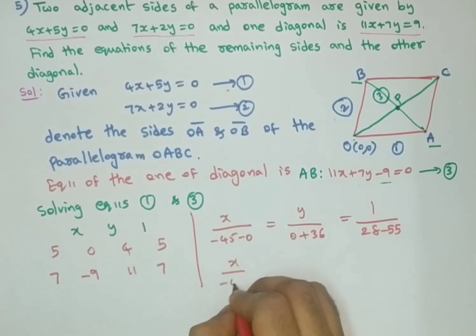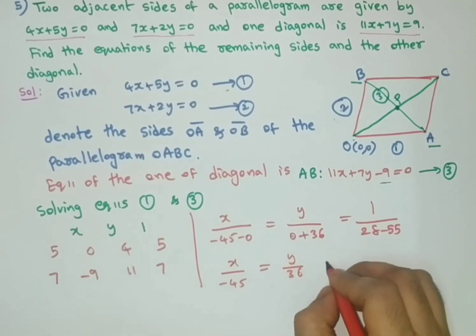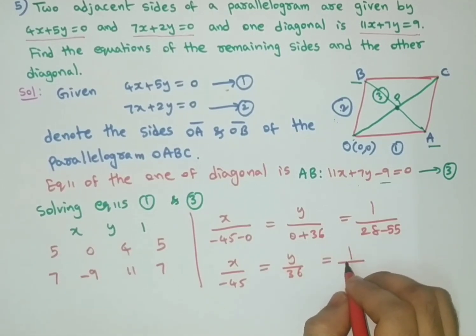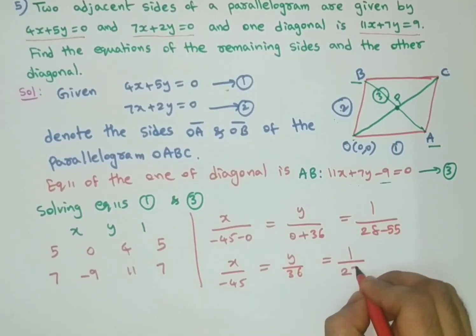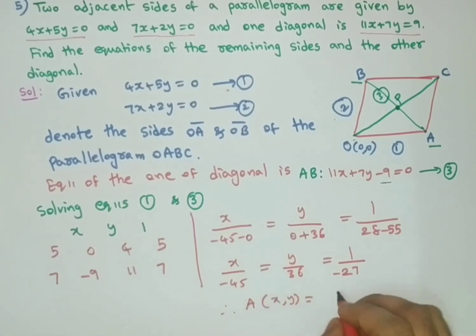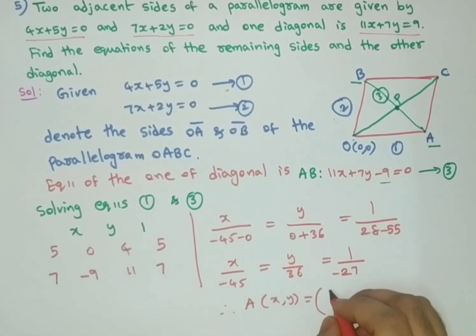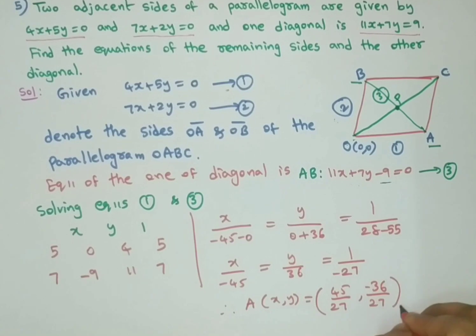So x by minus 45 is equal to y by 36 is equal to 1 by minus 27. Therefore, the coordinates of A, x comma y, are 45 by 27 comma minus 36 by 27.